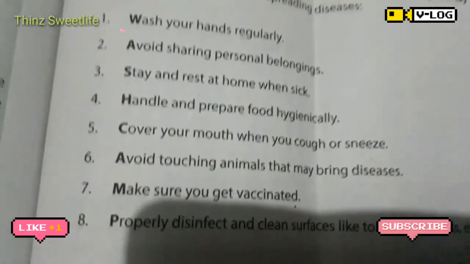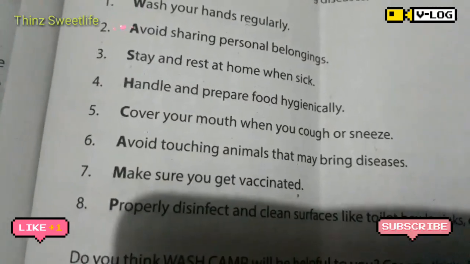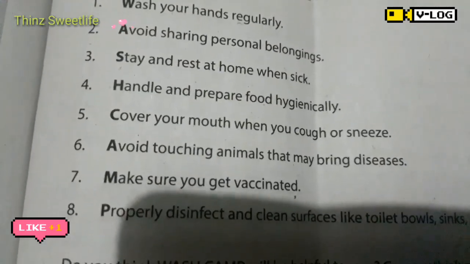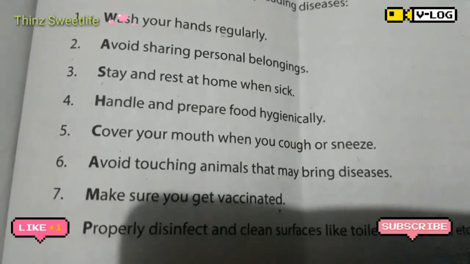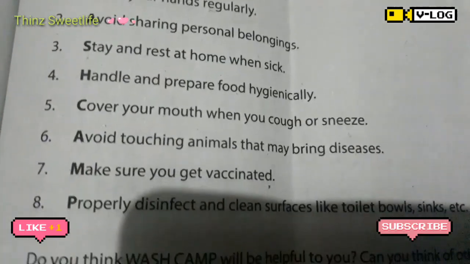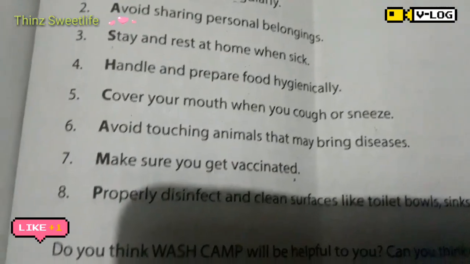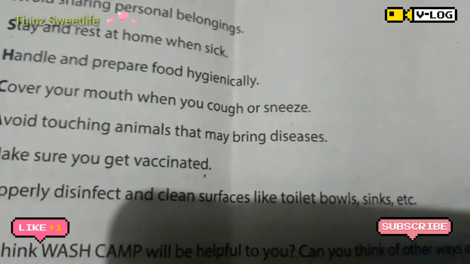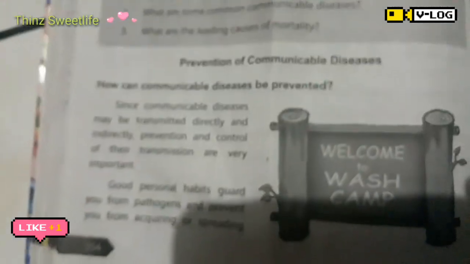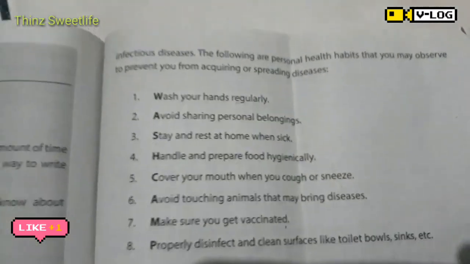H, handle and prepare food hygienically. C, cover your mouth when you cough or sneeze. A, avoid touching animals that may bring diseases. M, make sure you get vaccinated. P, properly disinfect and clean surfaces like toilet bowls and sinks. Again, remember the prevention of communicable diseases, WASH CAMP.